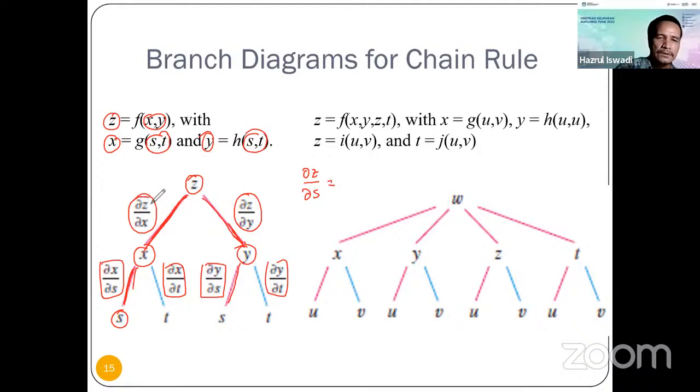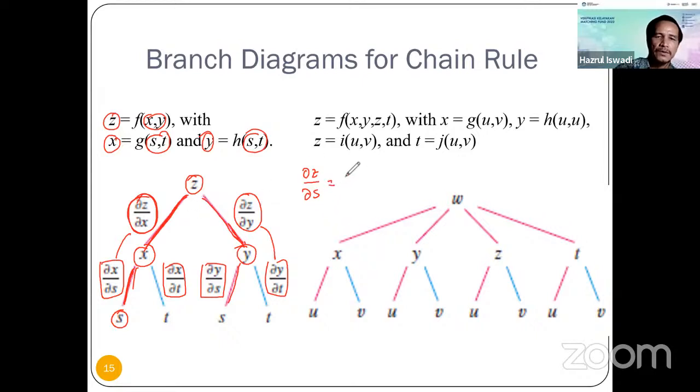So this will be multiplied by this one, and this will be multiplied by this one, and then we add them.